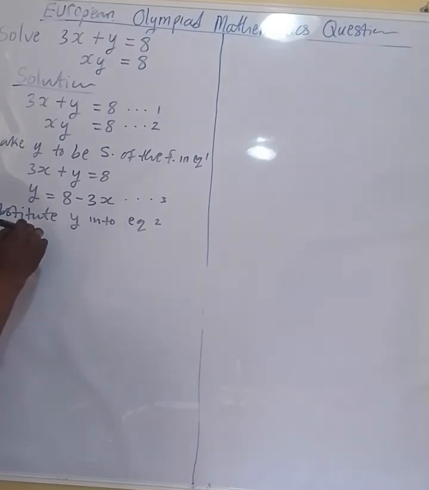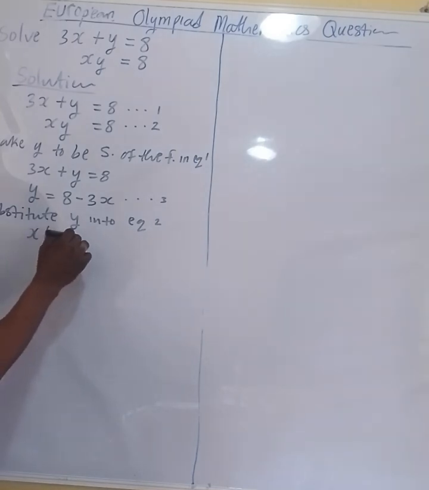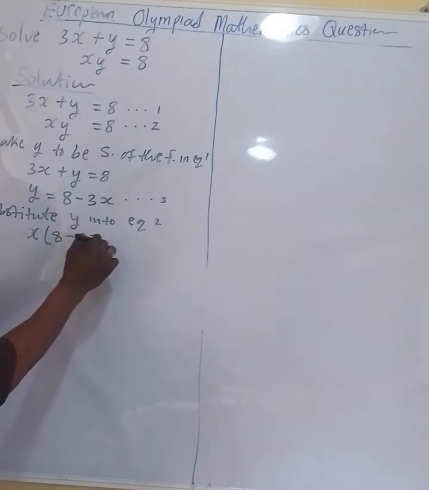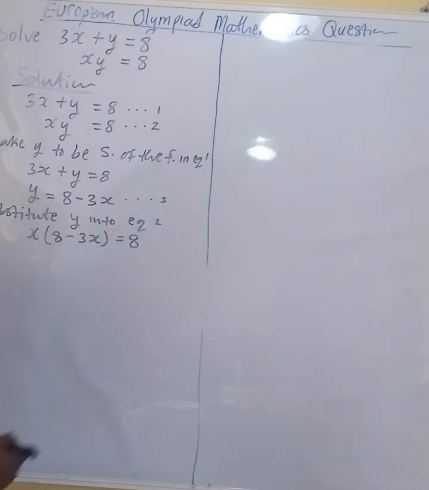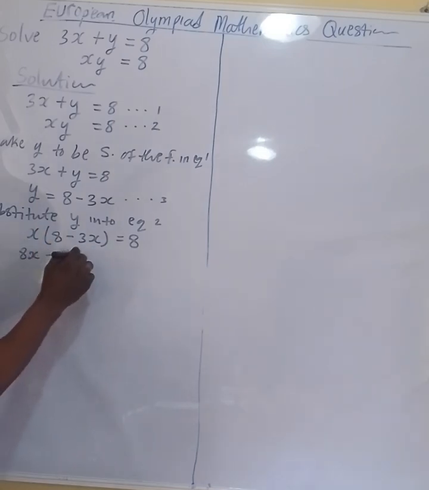It will now give us x times the bracket of our y, which is 8 - 3x, equals 8. Now we open the bracket. x times 8 gives us 8x, minus x times 3x gives us 3x squared.